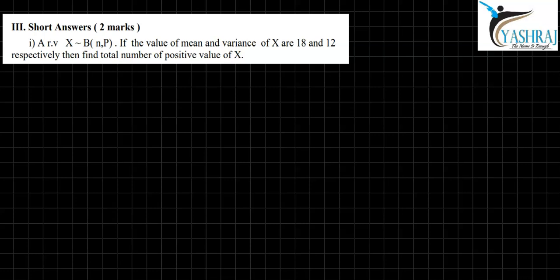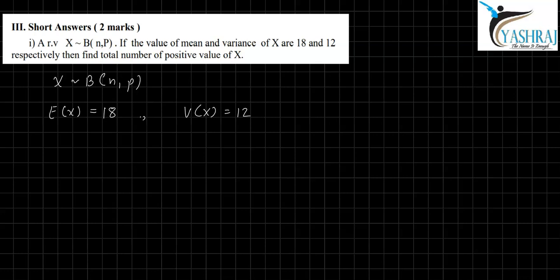Question number 3, short answer questions. Each question carries 2 marks. A random variable capital X follows the binomial distribution of n, p, and the mean and variance of the random variable capital X are 18 and 12 respectively.